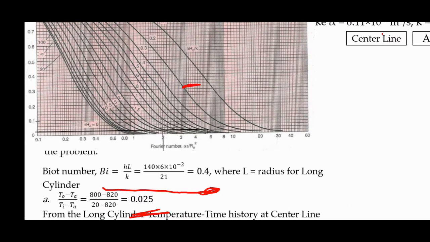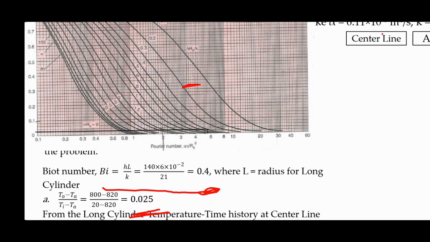If you observe the y-axis, we have 0, then 5 divisions, then 0.1. So each division will be, sorry, 0.02. We have 0, then 0.02, 0.04, 0.06, 0.08 and 0.1.